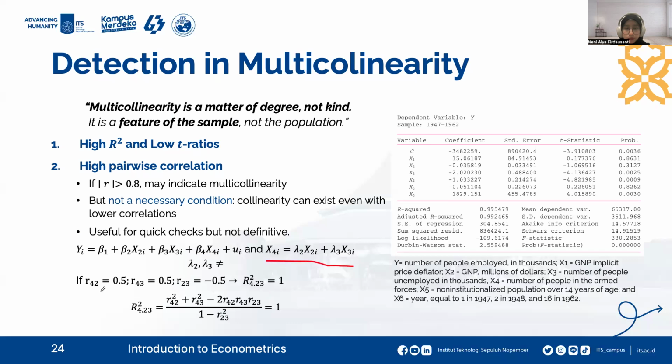Even though the pairwise correlation here is pretty low, when we regress x4 on x2 and x3, the coefficient of determination R square is equal to 1, which means that they might have a high correlation in this case.